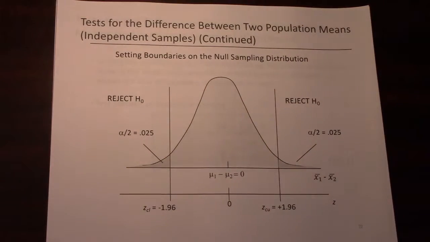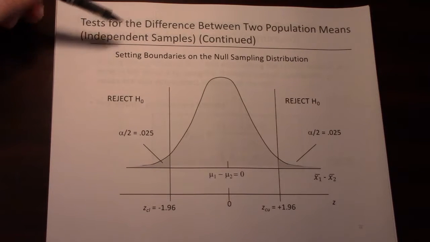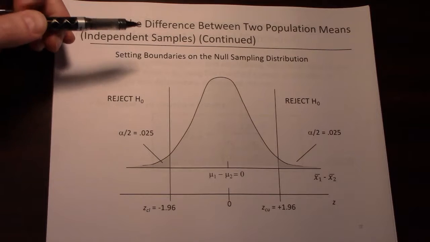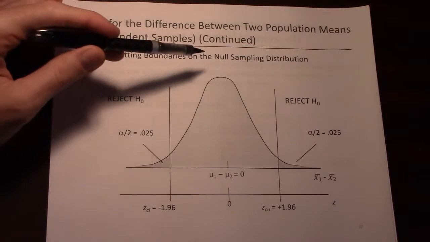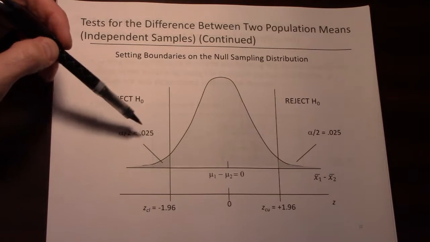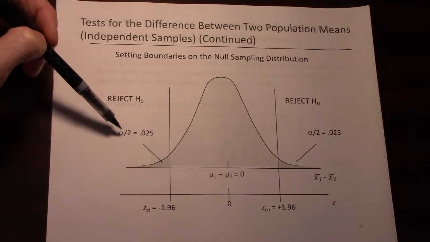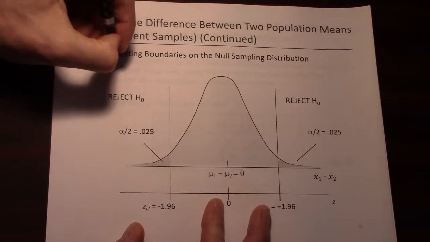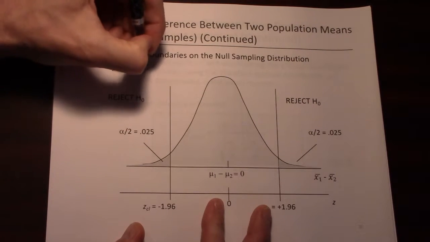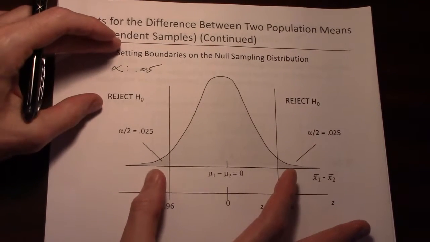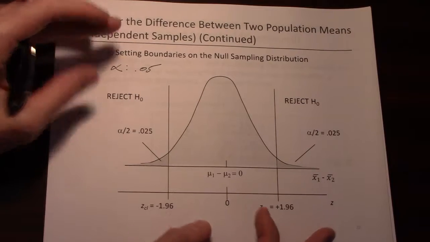All right. Suppose we're setting up a two-tailed test. This is our sampling distribution of the sample mean difference. Suppose we were looking at a significance level of 0.05 in this example. And it's a two-tailed test, so we start with some inequality.